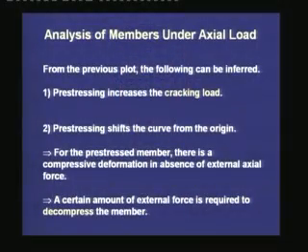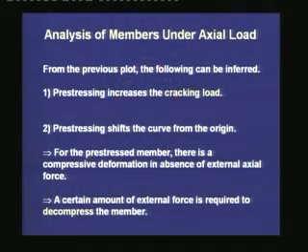The first one, what we have understood, is that the prestressing increases the cracking load. See, again in the first lecture I had said, why is concrete prestressed at all?